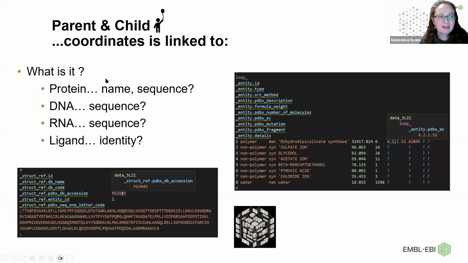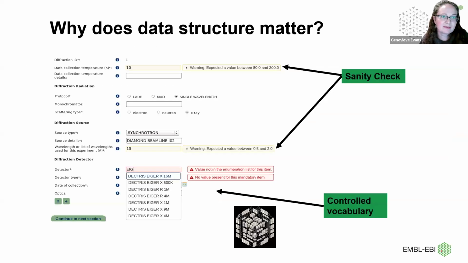I'm showing some examples of additional information: is it a protein, is it DNA, what's its name, is it chemicals, what are their names, is it DNA and RNA, or protein, what's the sequence over here. So it's a really interacting set of tables and lists.